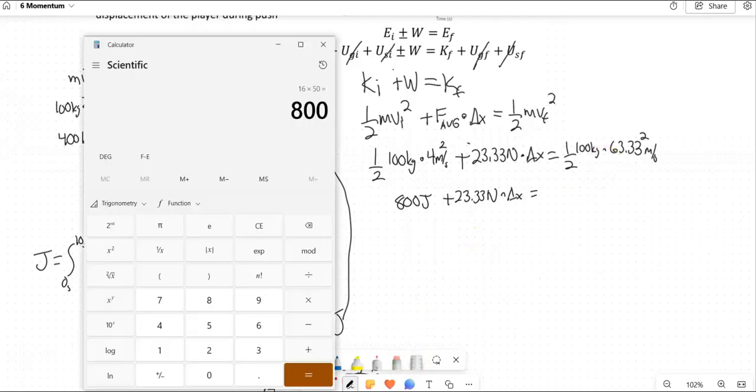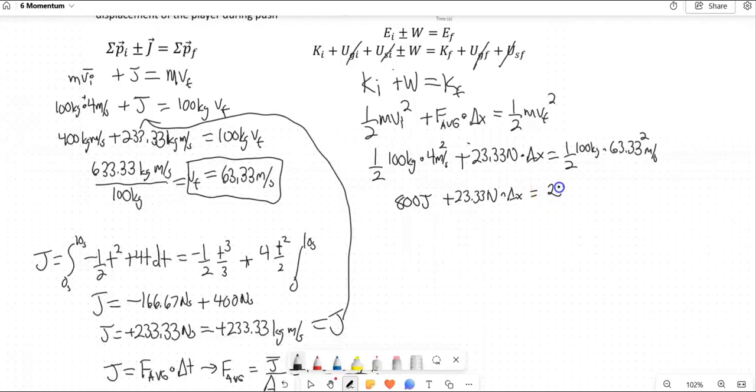This 63.33, that's going to be a huge number. 63.33 times 63.33 times 100 divided by 2, which is just 50. 200,000. And this person's going to die, probably. So 200,534.45 joules. Yeah, that's a lot.